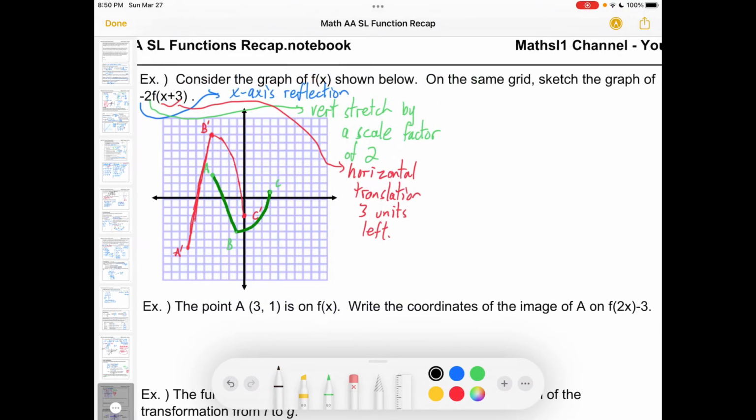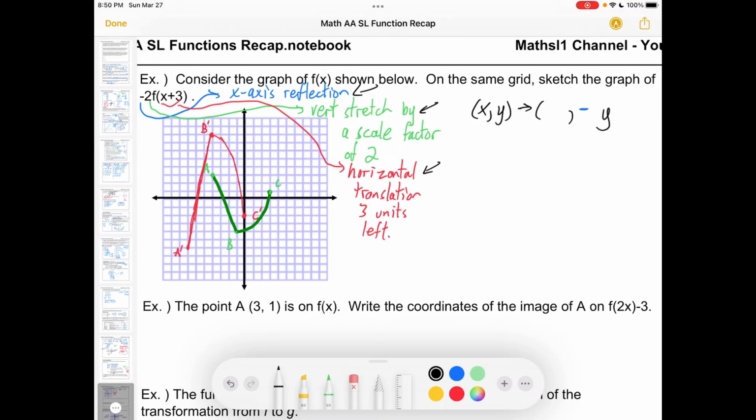What a lot of people like to do, though, is to make a mapping rule. So they take these 3 pieces of information here, and they turn it into a rule for what would happen to points x, y. If I flip something through the x-axis, that means its y value is going to become negative. So I'll have a negative y.